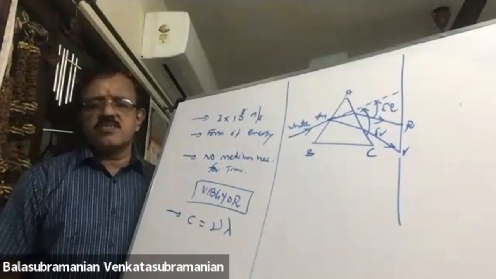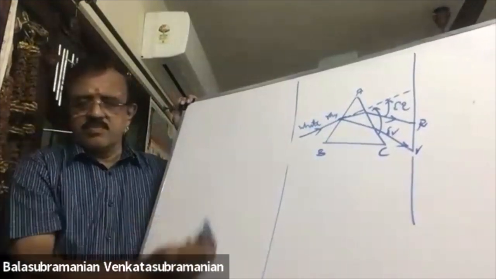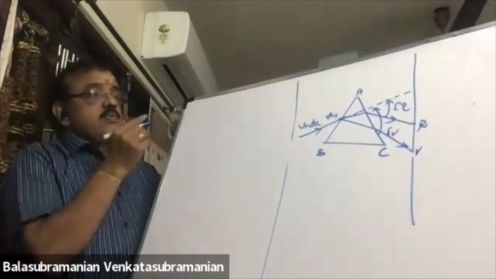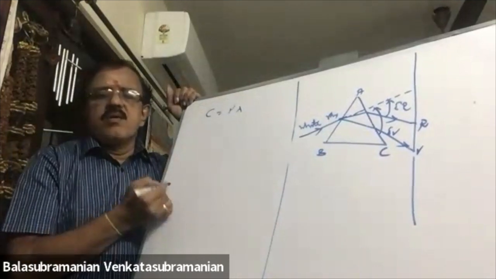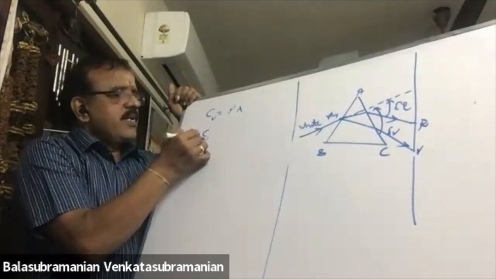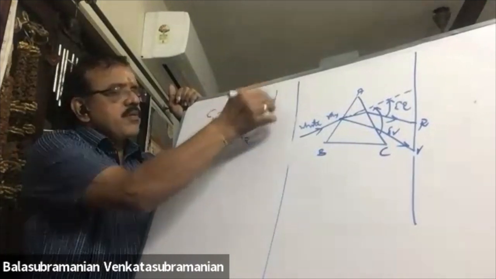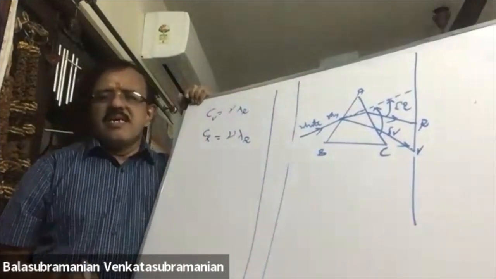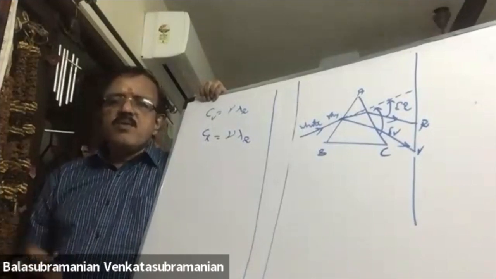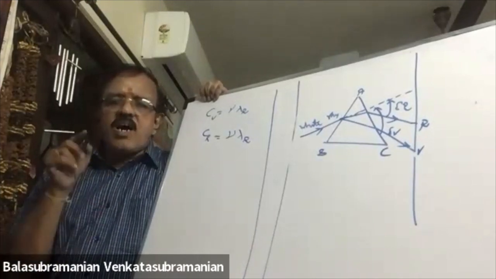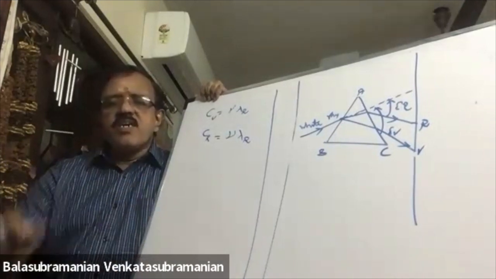For violet and red, frequency remains the same. When any light travels from one medium to another medium, frequency remains constant. Velocity will change, wavelength will change, frequency will not change.